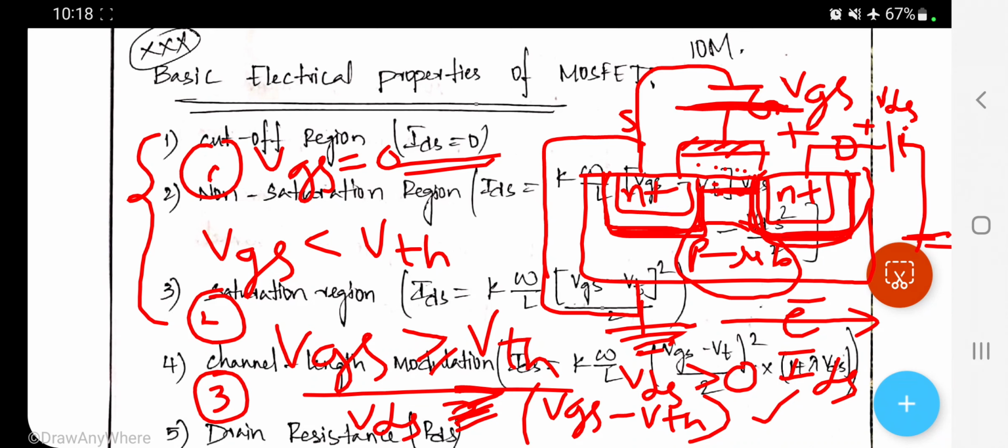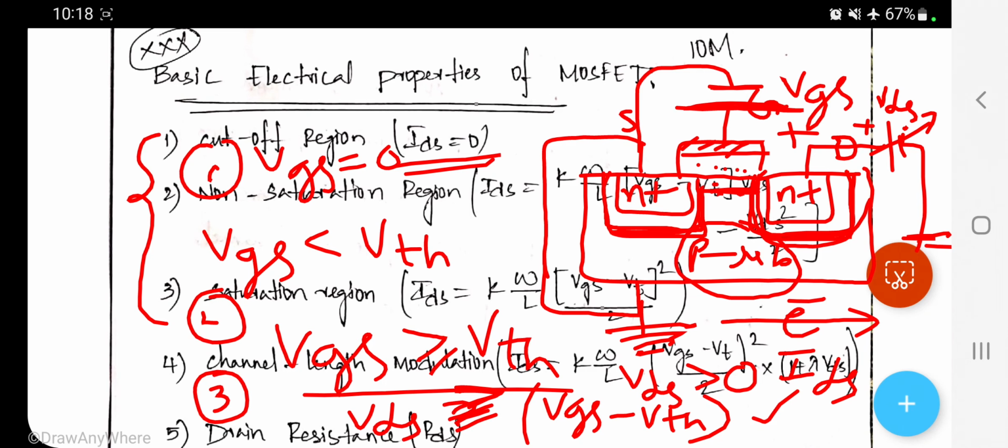That is VGS minus VTH, which is called the effective gate voltage. So whenever the VDS which we are increasing reaches a voltage greater than or equal to VGS minus VTH, then very high current flows. IDS will be IDS saturation, and that current will be almost constant.